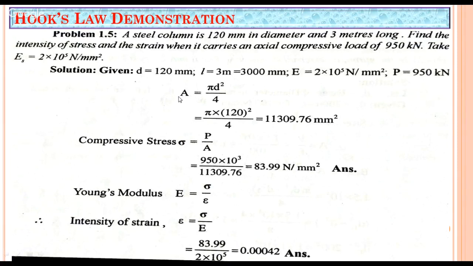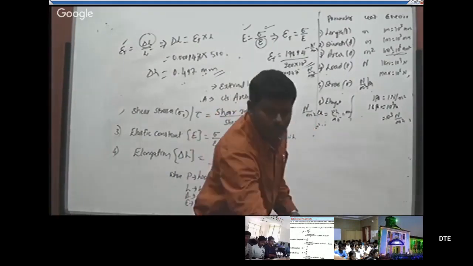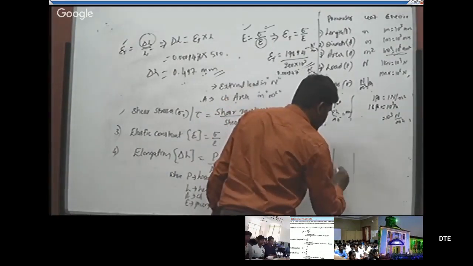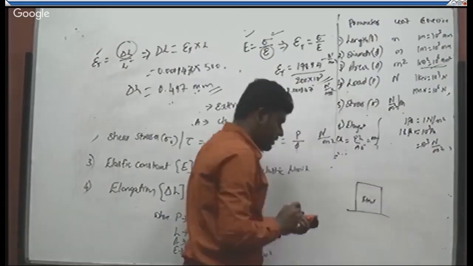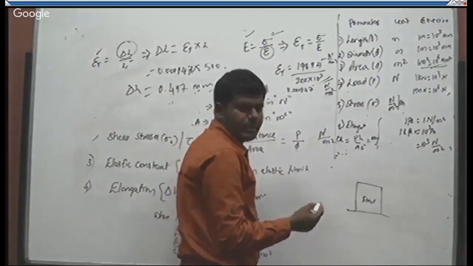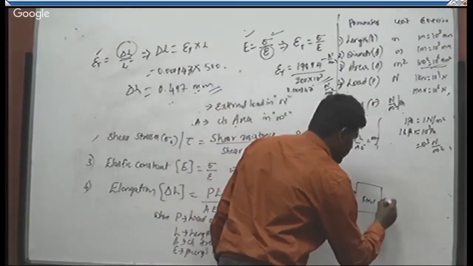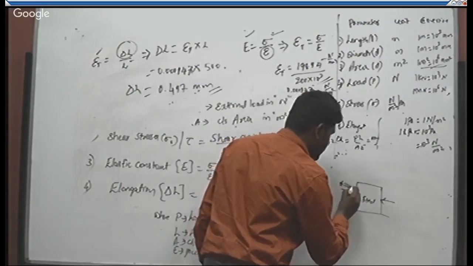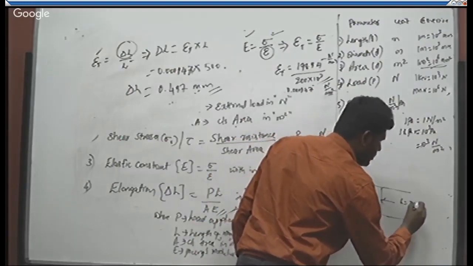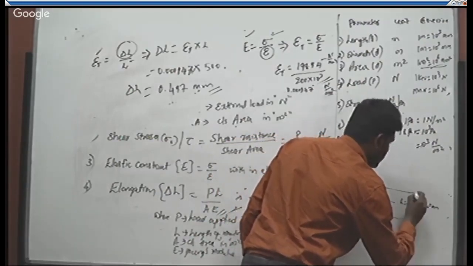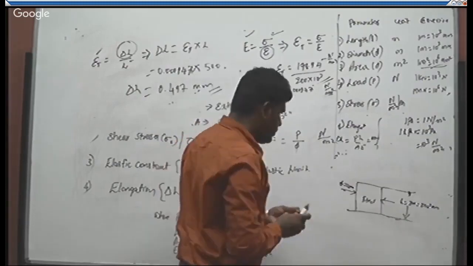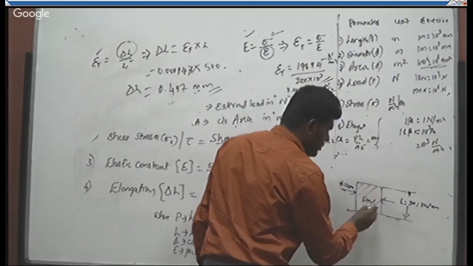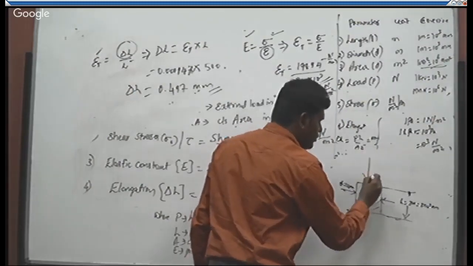Let me write a simple sketch for this condition also. This is a steel column, made up of steel material, having a 120 millimeter diameter and a length of 3 meters, that is 3 into 10 power 3 millimeters. It is subjected to a compressive load of 950 kilonewton, where the direction is towards the body.